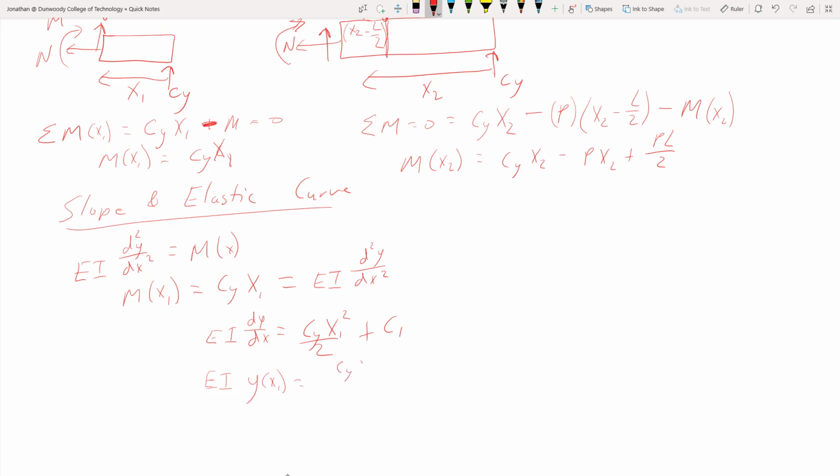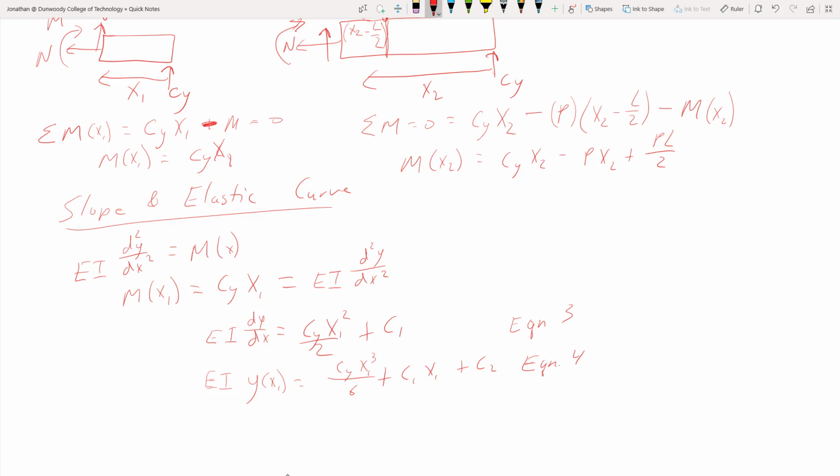So I get EI y equals Cy x1 cubed over 6 plus c1 x1 plus c2. I'm going to call this one equation 3, equation 4 here. Alright, so we got those guys.